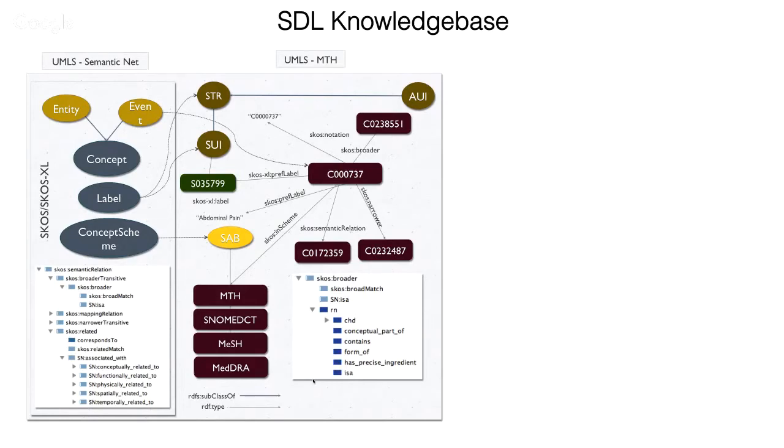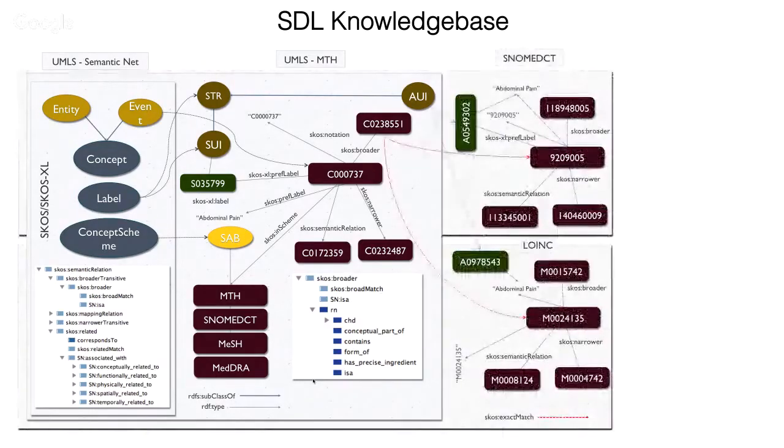So we have basically translated UMLS to SKOS and transformed the entire UMLS into SKOS representation, complete with the semantic network and semantic relations that are incorporated in the meta-thesaurus part of the UMLS. And then each source vocabulary inside the meta-thesaurus is also turned into SKOS and linked to the meta-thesaurus.